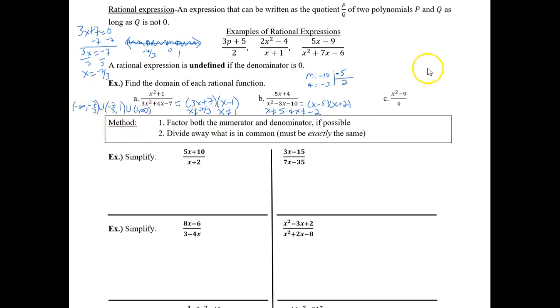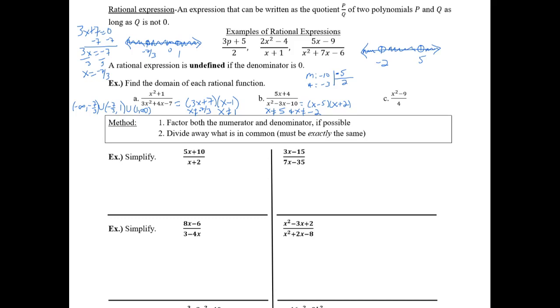This is going to look similar to the one over here. Again, we're going to have 3 sections. If it helps, you can draw a number line. Let's draw one up here. We've got negative 2 further to the left, positive 5. Can't be that, can't be this, but it can be everything else.